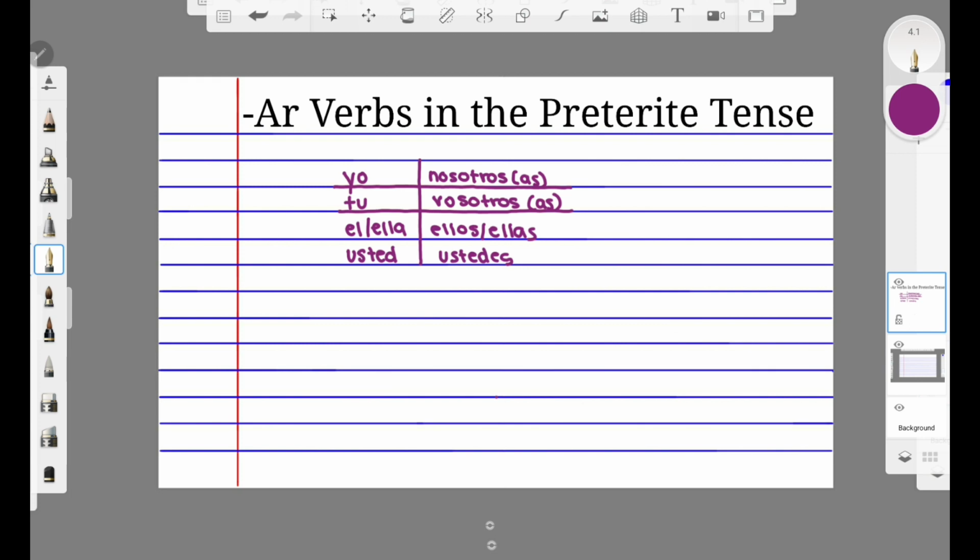So now with this conjugation chart, we are just going to add in the preterite AR verbs, and it correlates to the exact same place. So our AR conjugation chart is é, aste, ó, amos, asteis, aron.